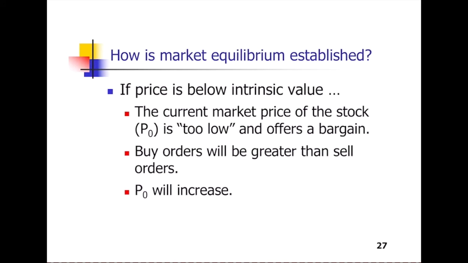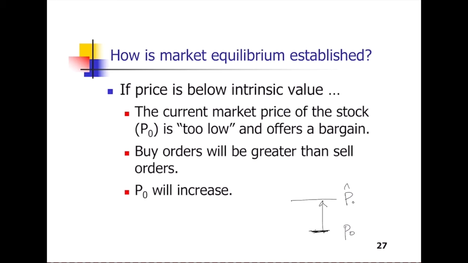So how is the market equilibrium established? If the price is below the intrinsic value, let's say this is the intrinsic value, but the price P0 is lower than this, in this case the current market price of the stock is too low and offers a bargain. The buy orders will be greater than sell orders, so the price moves to intrinsic value.